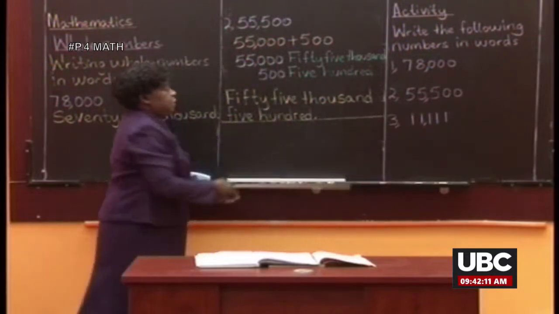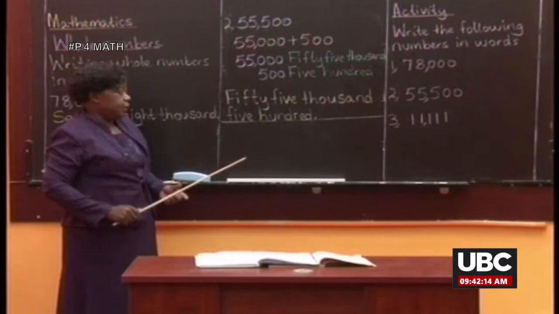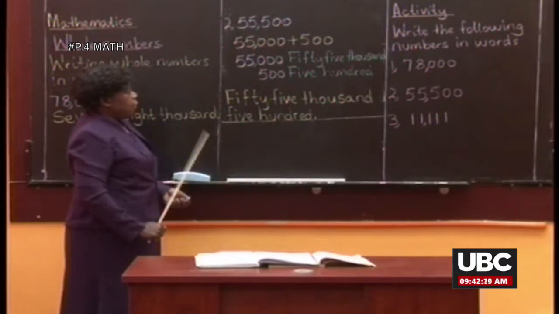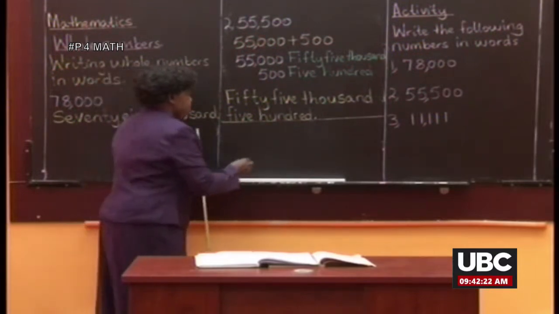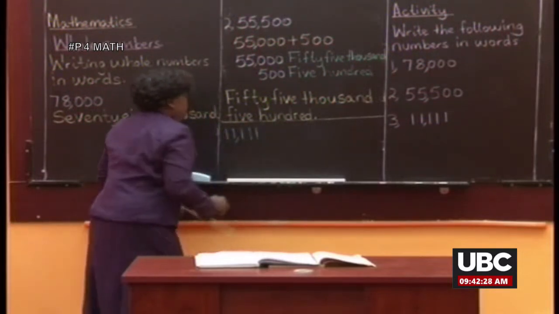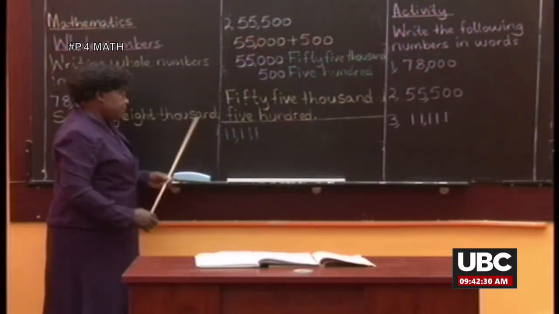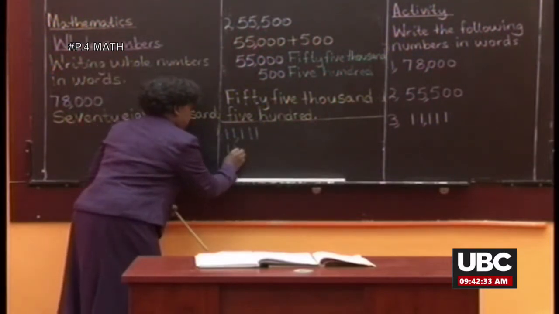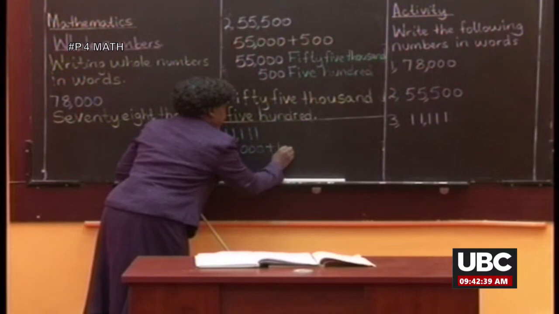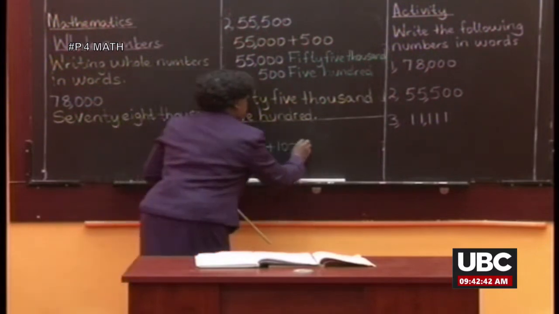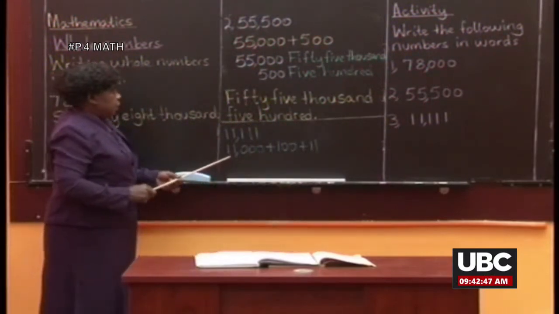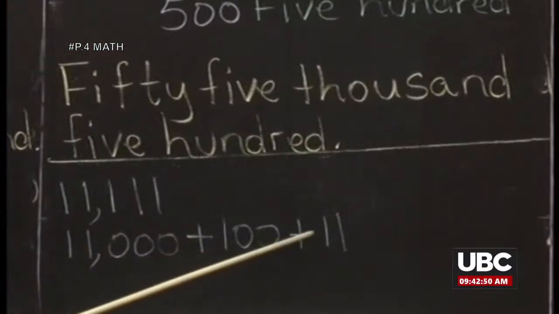And our last number is 11,111. Write this number in expanded form. Plus 100 plus 11. 11,111.